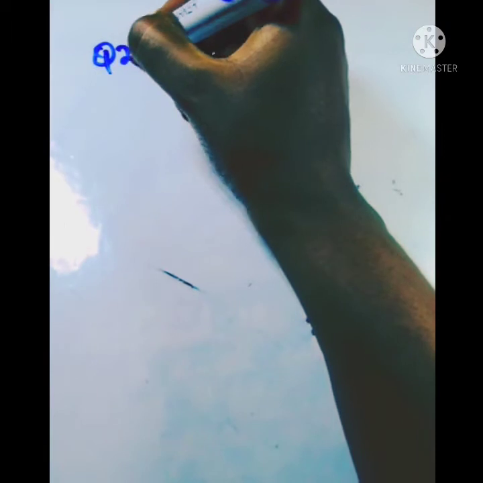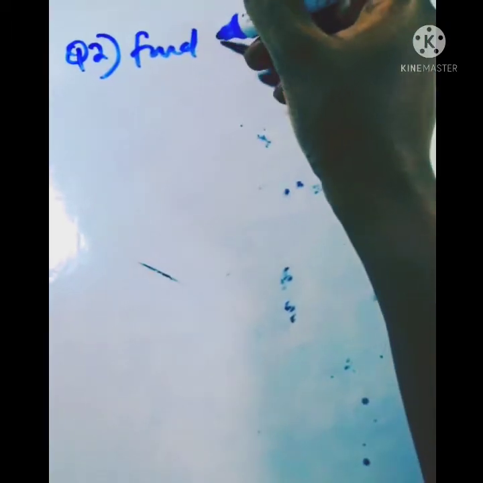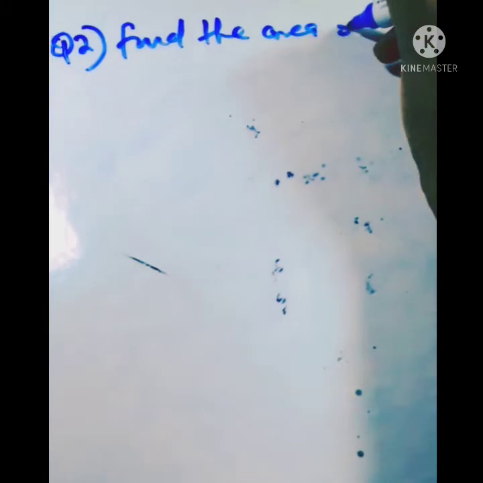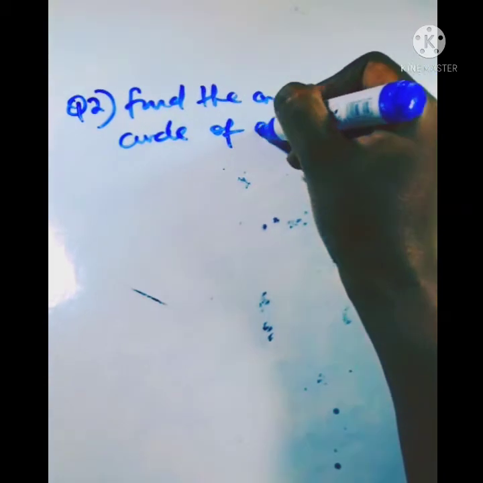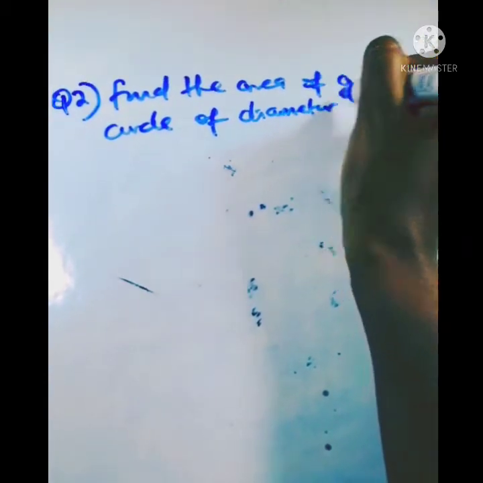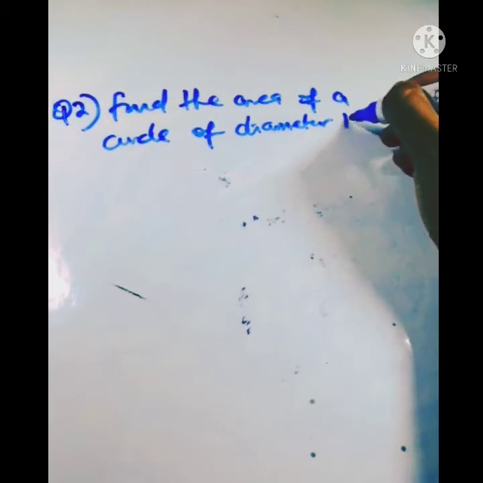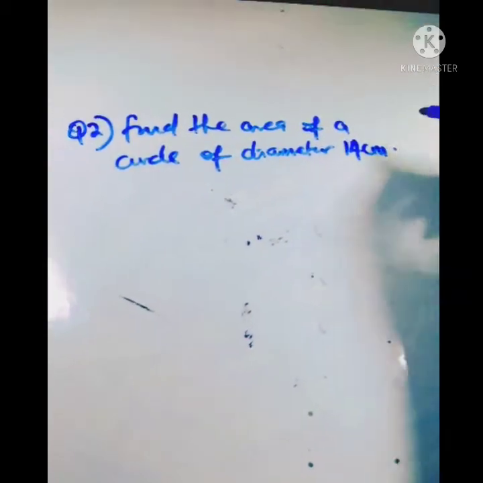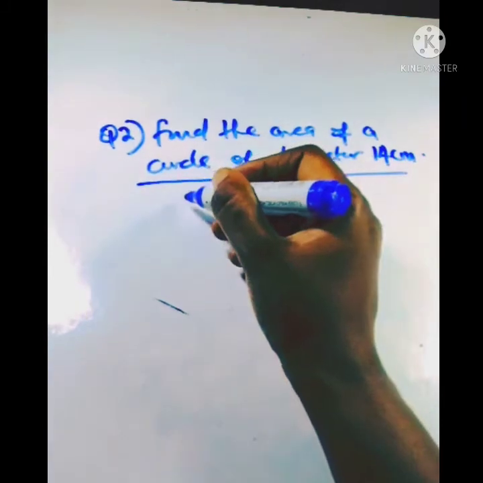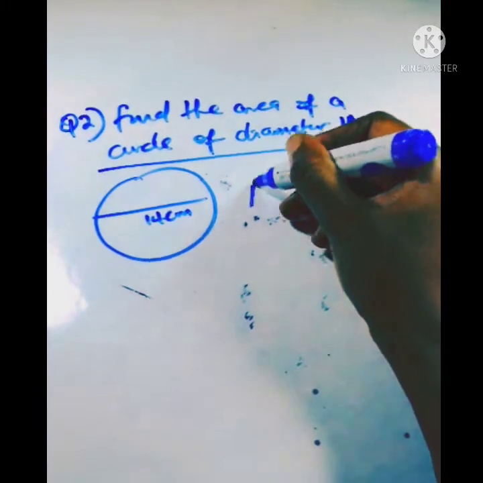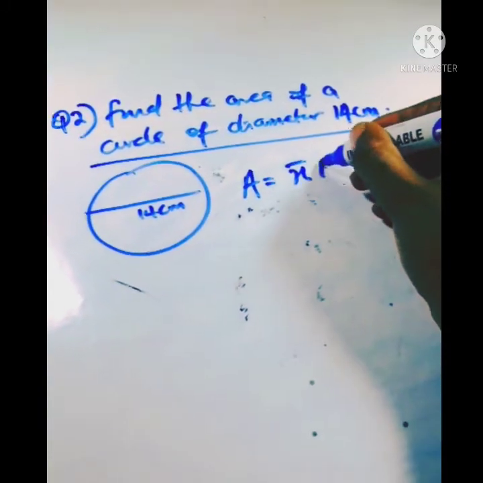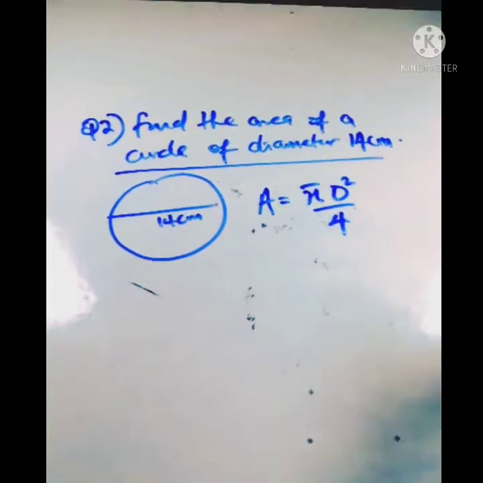So, let's take another example. Question 2: find the area of a circle of diameter 14 centimeter. Okay, so how do we solve this? It's a circle of diameter 14 centimeter. Our area is pi d squared over 4, remember?